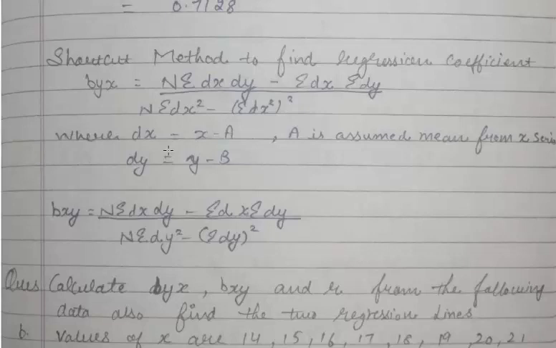Here a is the assumed mean of the x series, b is the assumed mean of the y series, and bxy equals n into summation dx dy minus summation dx summation dy over n into summation dy square minus (summation dy) whole square. If the means are not obtained easily, then we use the shortcut method, because in it we do not use the exact mean, we use an assumed mean.